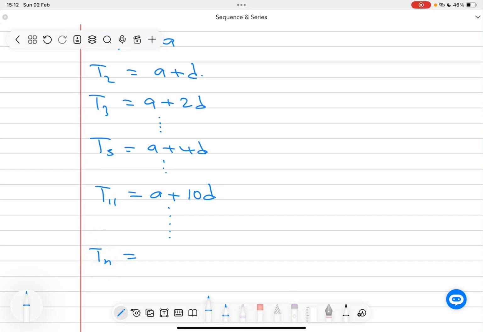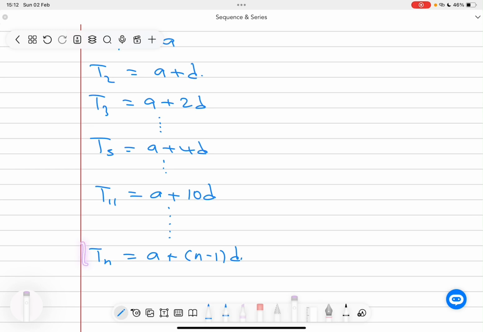So we can say the nth term is going to be given by A, because we know that our A doesn't change, it always appears as it is. But here we're adding 1 less the number of terms, the number of terms minus 1, and we multiply by a D. That's a pattern we have observed in an arithmetic sequence.